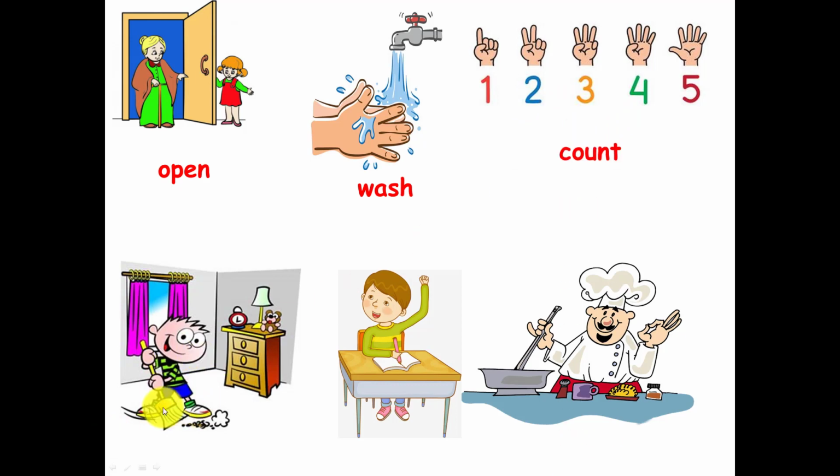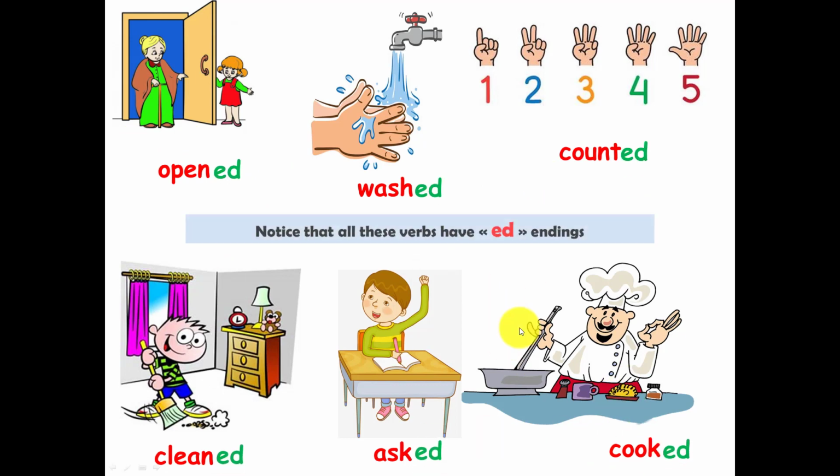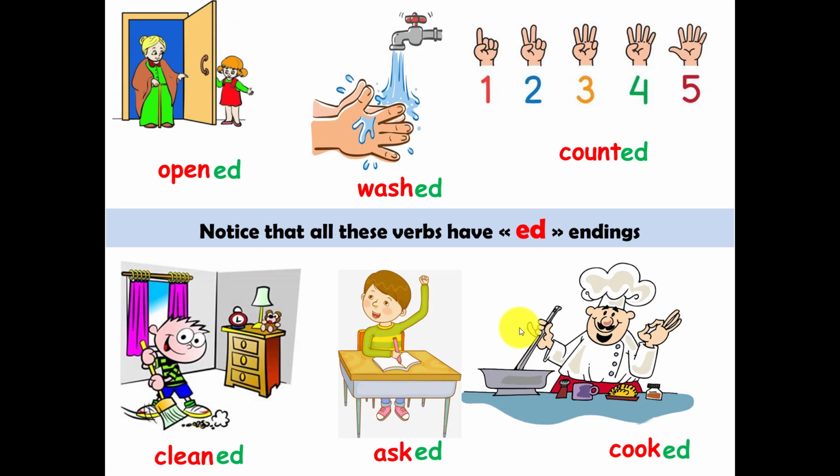Next picture. Good. Clean. Next. Yes. Ask. Last one. Good. Cook. Good. Can you guess the past simple for these verbs? Right. We simply add ED. So notice that all these verbs have ED endings.